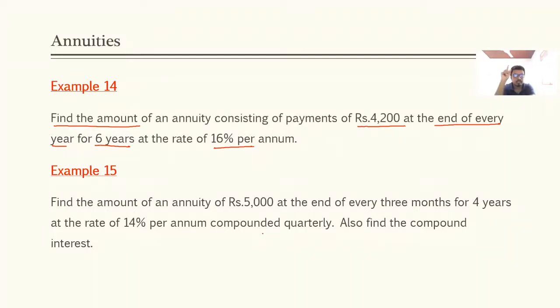An annuity of rupees 5,000. Now 5,000 is paid every month or every given period. Right? Same amount at equal time gaps for a specific time period. When you hear annuity, what should come to your mind? Same amount at equal time gaps for a specific period.